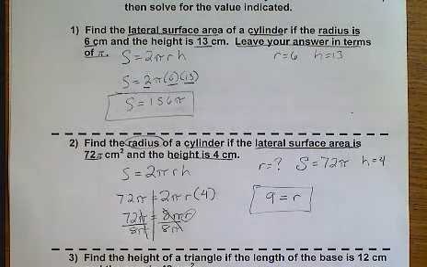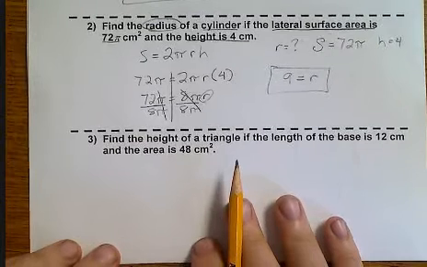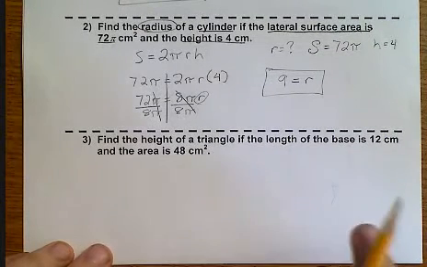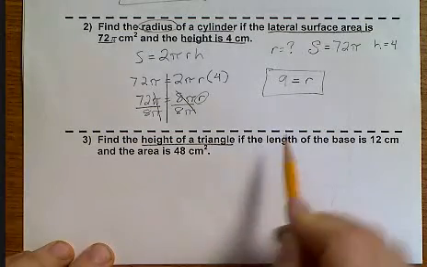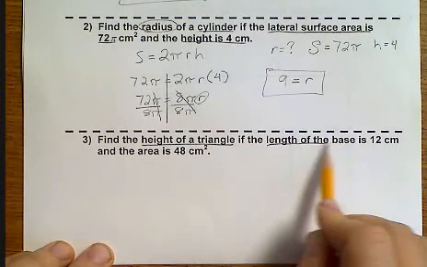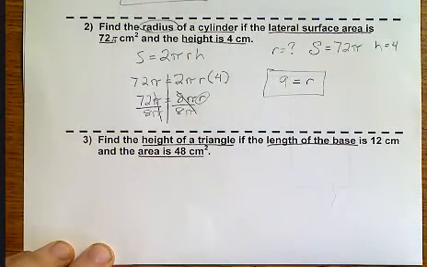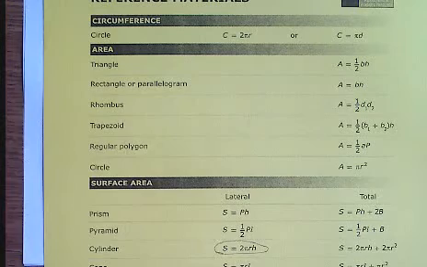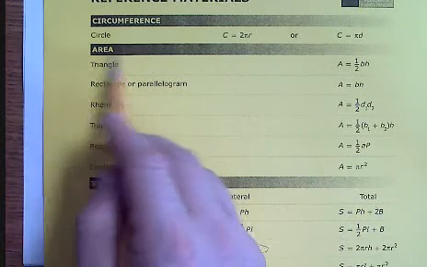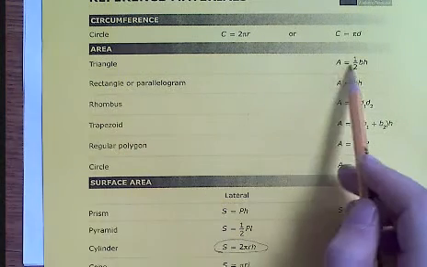Moving on to number 3. This time we're trying to find the height of a triangle. They give the length of the base and the area. Well, I look at my formula chart, and it tells me that area of a triangle is 1/2 BH.